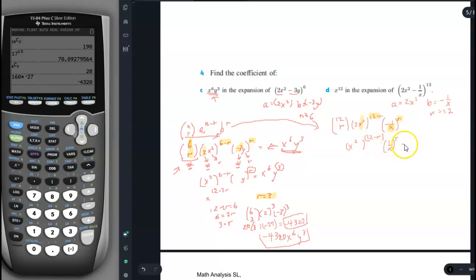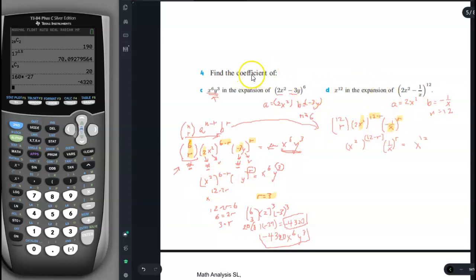And I'm going to have all this equal to x to the 12, because that's the part that we want, the variable part of the term. Then we're going to figure out what r is. Once we figure out what r is, we can fill in r in this general term. It'll be complete, and then we can figure out exactly what term it is.